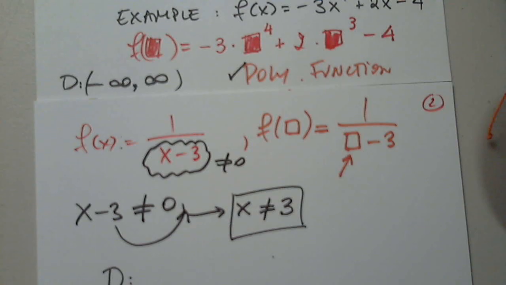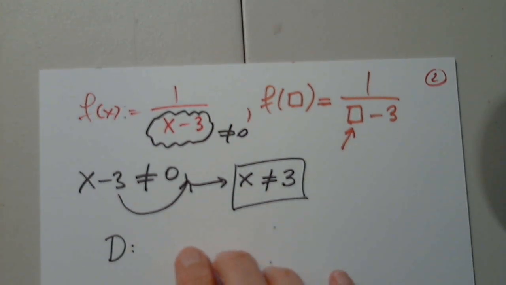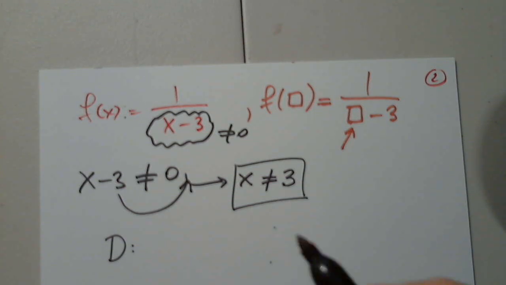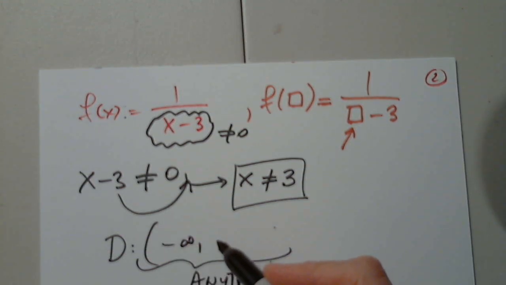And then I would like to go back to a piecewise defined function again. Anyone remembers how to write the interval notation for anything but 3? So this should say anything. Negative infinity to infinity.